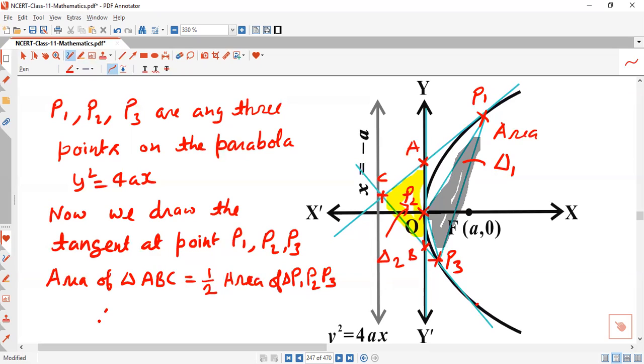Means delta 2 is equal to half of delta 1. So this is another concept that we will use in the parabolas.